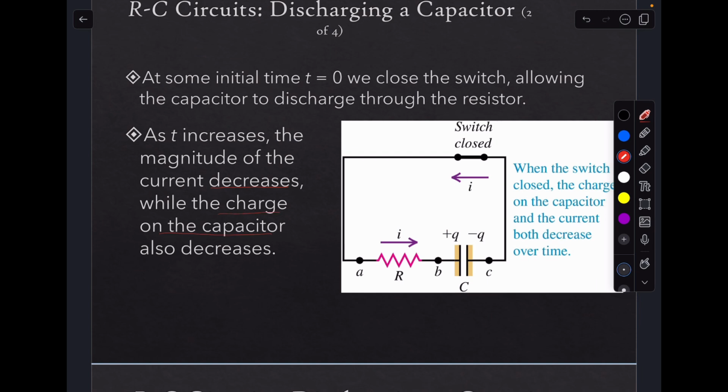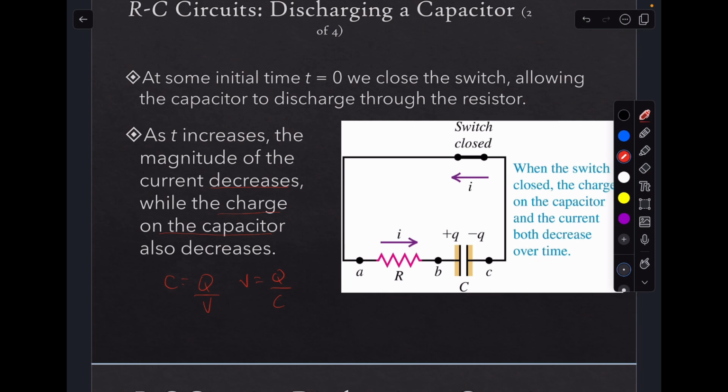So why is that? What's happening? Well, the potential on a capacitor, we can figure out by the capacitance relationship. So the potential across a capacitor is Q over C, okay?